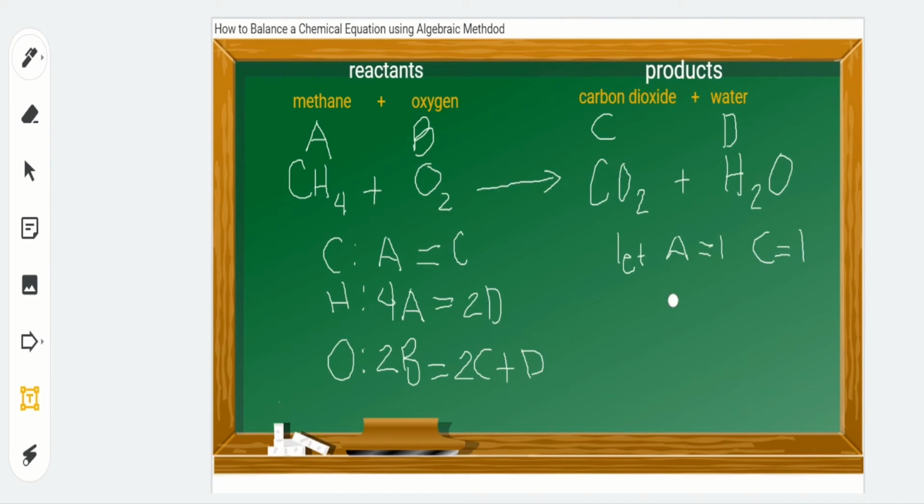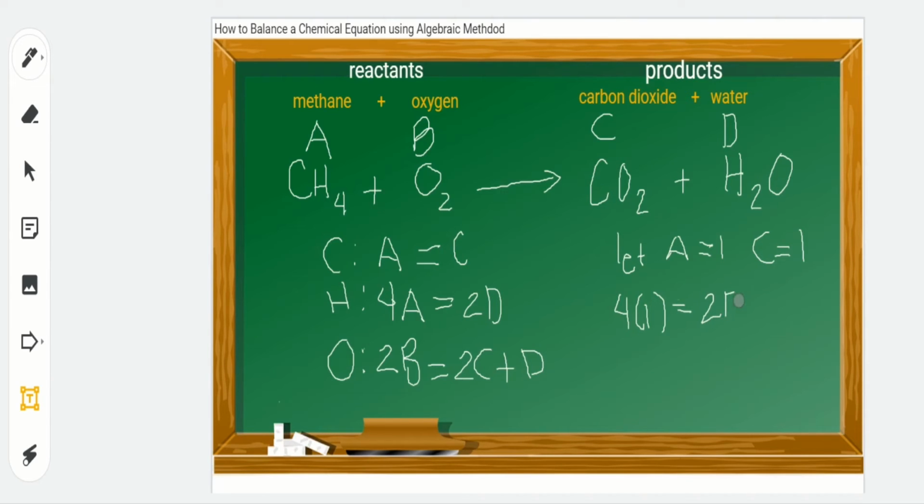But again, we can assume that A is equal to 1 and C is equal to 1, so pwede natin gamitin yan para mahanap natin yung value ni B at saka ni D. What about D? So, pwede natin gamitin itong equation na to. We can say, okay, 4 times 1, kasi si A is equal to 1, is equal to 2D.